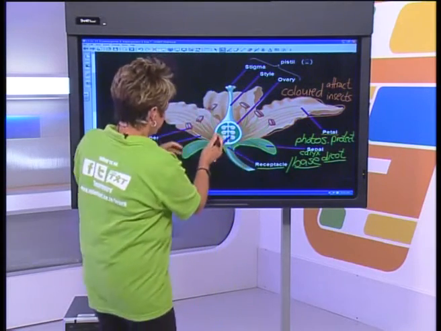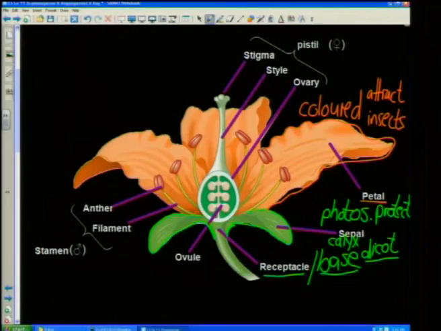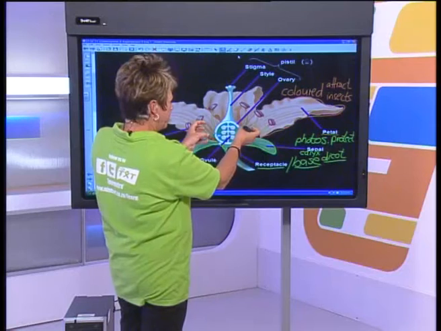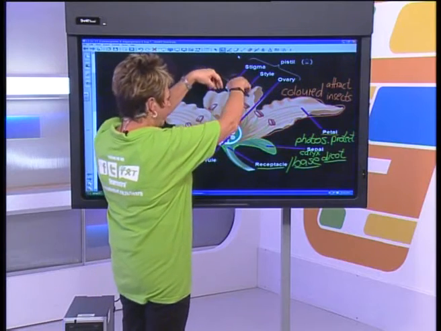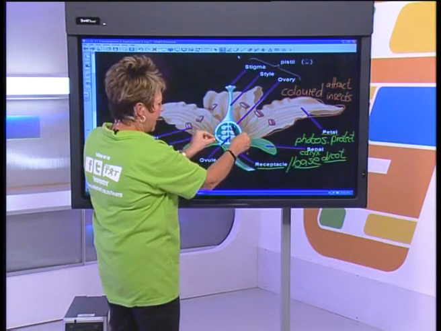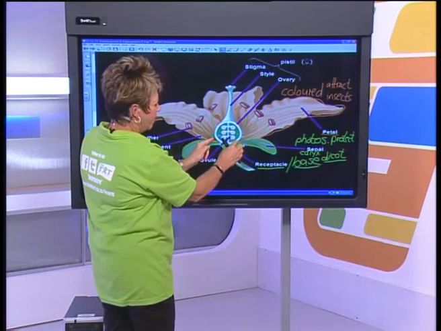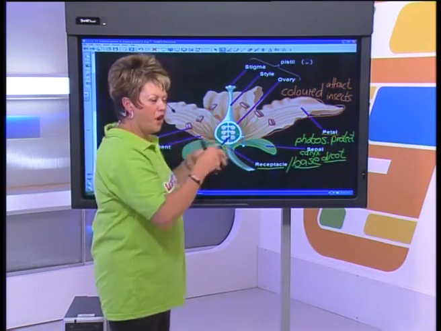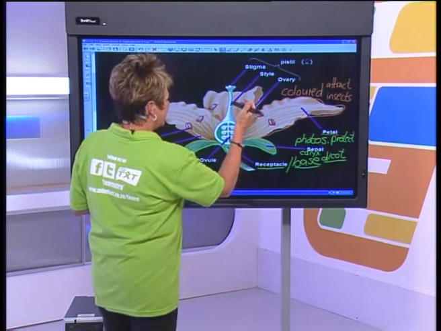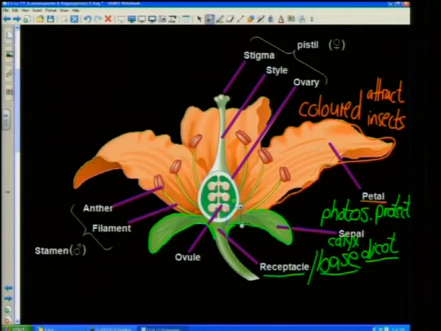So all the beautiful nectar is down here, right at the bottom of the flower. So what has to happen is that this little bee has to go right inside the flower, and while it's getting the nectar, the pollen will get stuck onto all its little hairs, and it's doing the function of pollination. I'll get back to that a bit later on. Okay, so the petals are therefore attracting the insects.